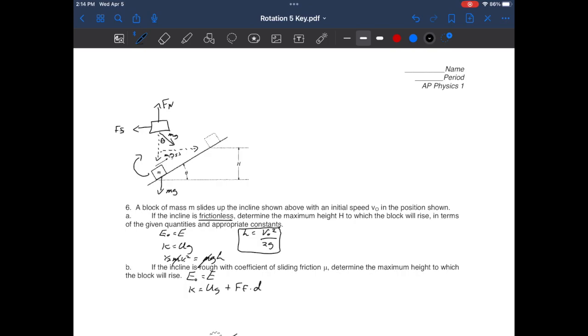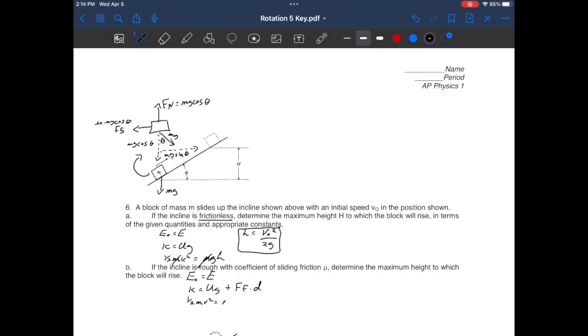The vertical component would be mg cosine theta, because the vertical is adjacent to that angle, so it's cosine. Force normal is balanced with the vertical component of gravity, so force normal is mg cosine theta. And of course, force of friction is the coefficient times force normal, so coefficient times mg cosine theta. Now we've been able to identify exactly what force of friction is, and we can put that into our formula.